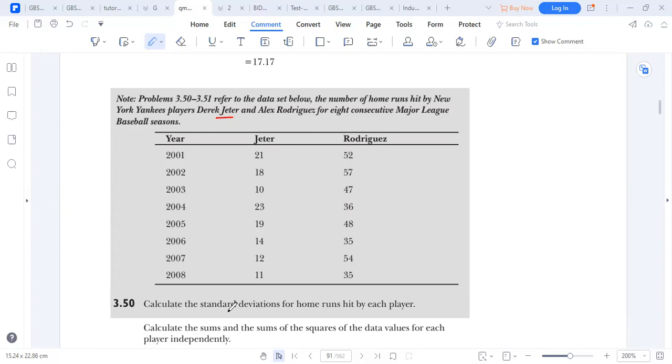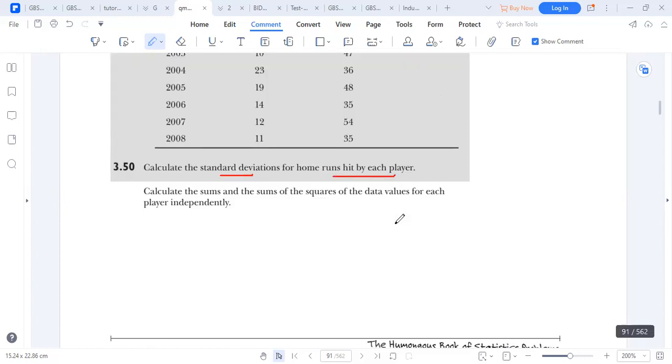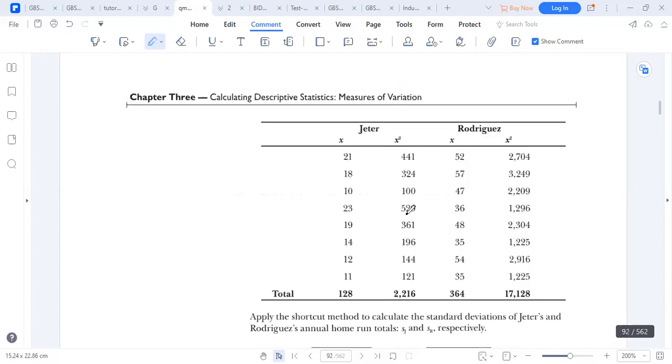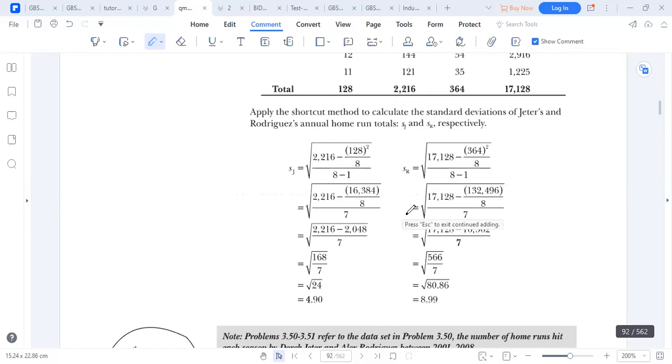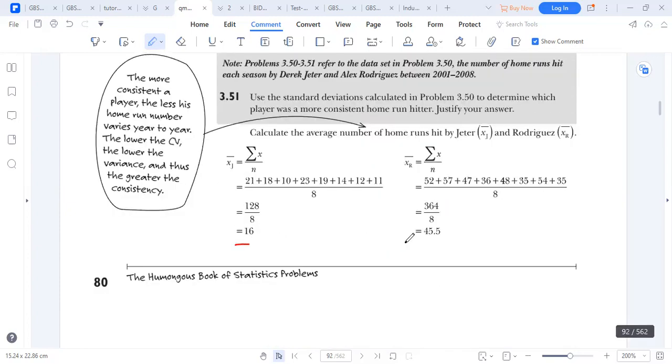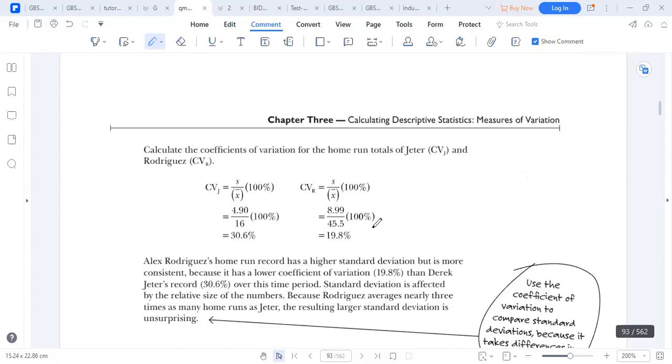We're being asked to calculate the standard deviations for each player over 8 consecutive baseball seasons, looking at the runs. So we're calculating the sample variance and standard deviation for each of them. All right, and we also calculate the means for each of them. Now, a key question is how to explain the coefficient of variation for each of them.